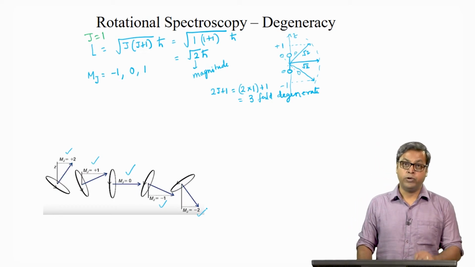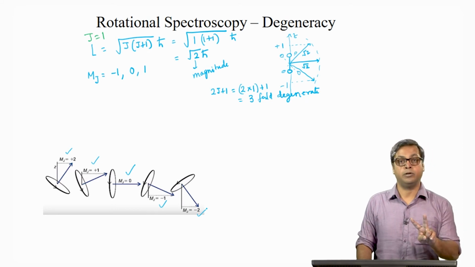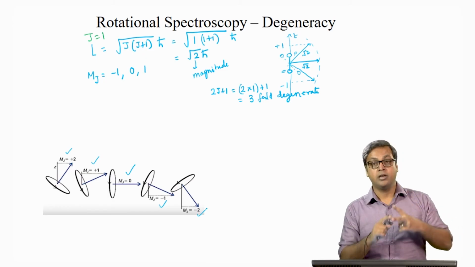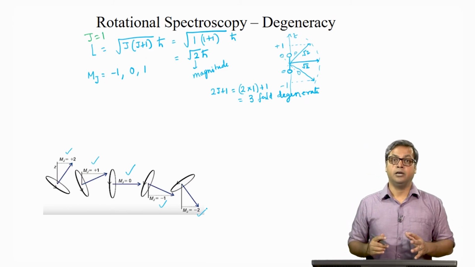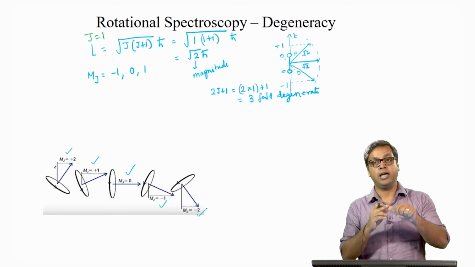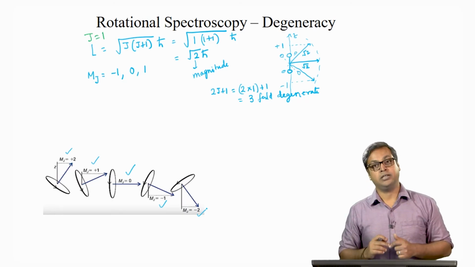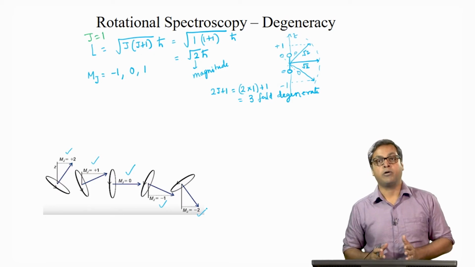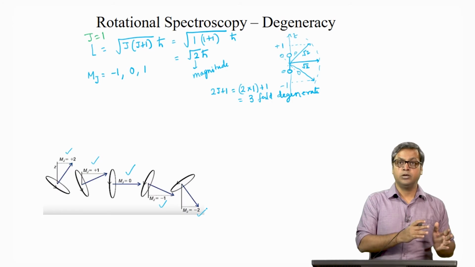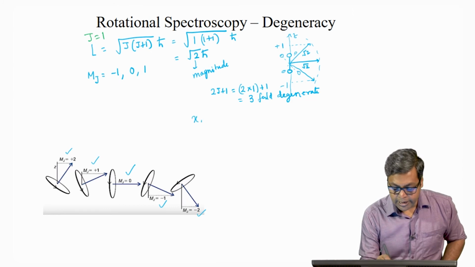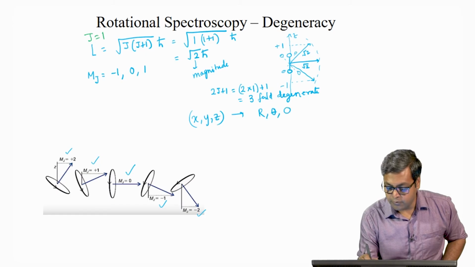The reason we have two quantum numbers in this problem, one is j, the rotational quantum number, and the other is m j, is because in order to define the position of a particle on a sphere, we need theta and phi. In the last lecture, when we were talking about the selection rules, we made this transformation from Cartesian axis to polar coordinates, from x, y, z to r, theta, phi.